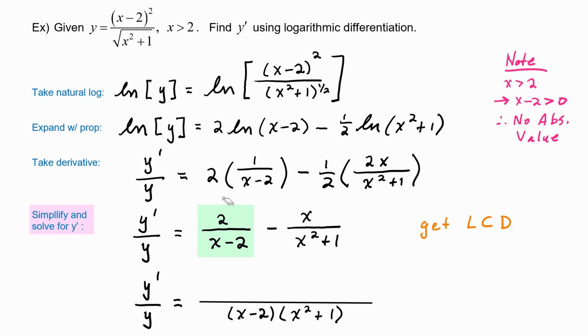This first rational expression is just missing the denominator of x squared plus 1. So we have 2 times quantity x squared plus 1. Then we have the minus sign. This second rational expression is just missing the denominator of x minus 2. So we've got minus x times quantity x minus 2.